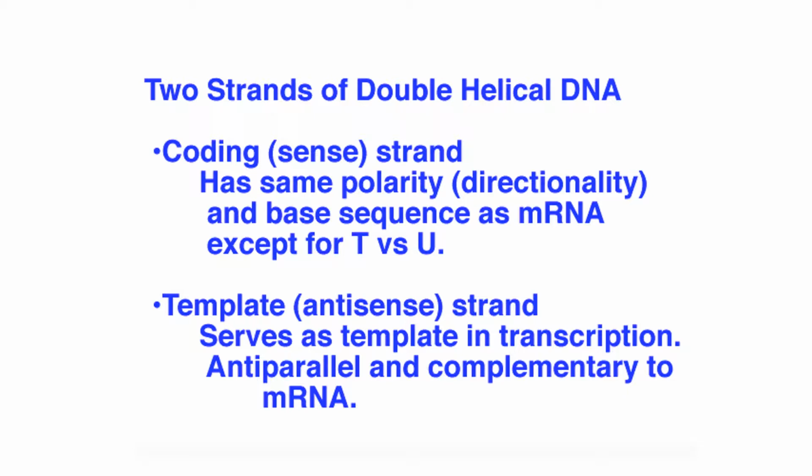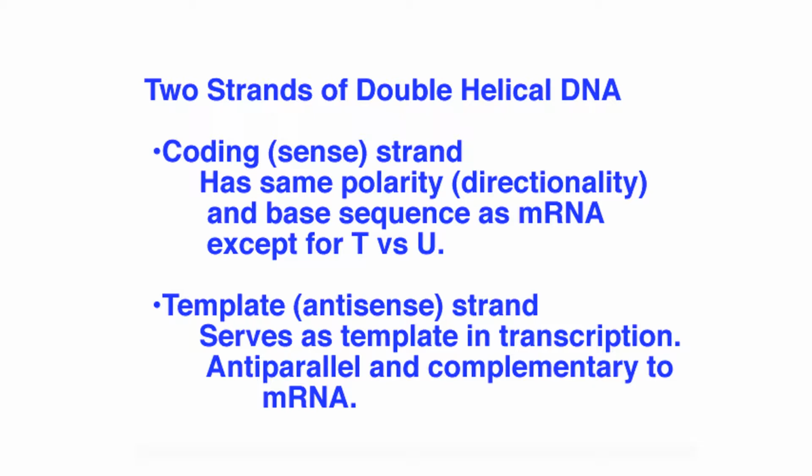The 2 strands of double helical DNA have different functions. Most DNA is double-stranded, but in a given region of DNA, only one of the 2 strands is copied during RNA synthesis. The coding, or sense strand, has the same directionality and sequence as the RNA product, except it contains T residues, whereas the RNA product has U residues.